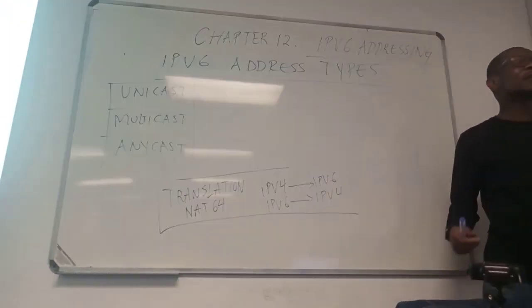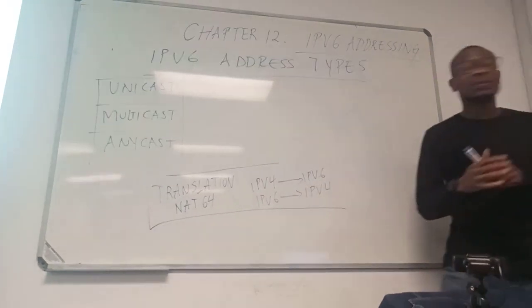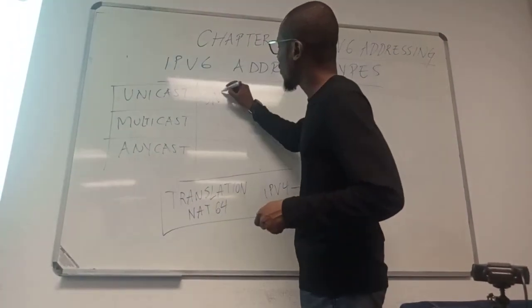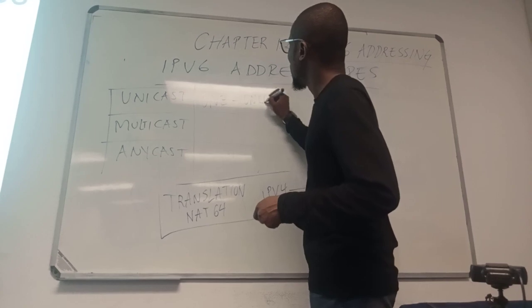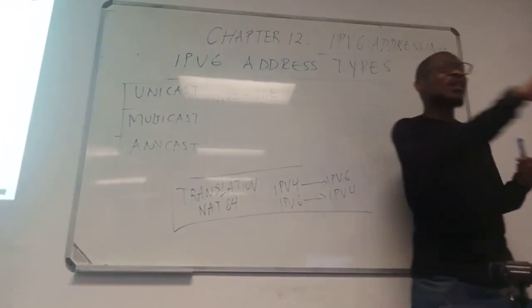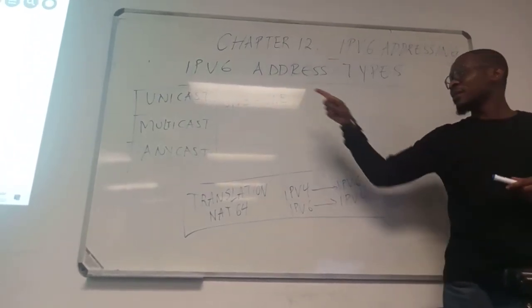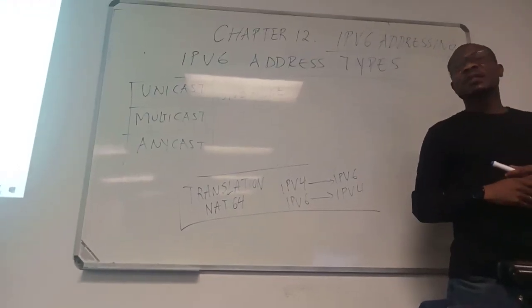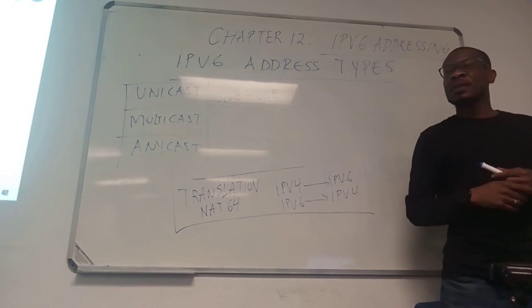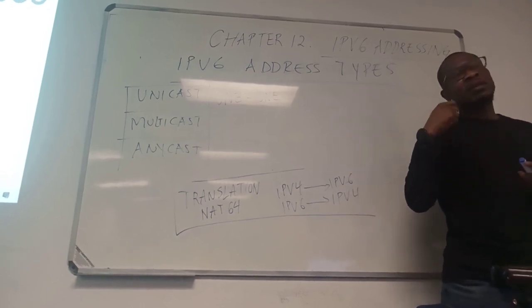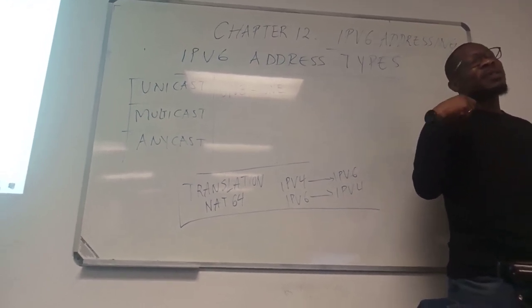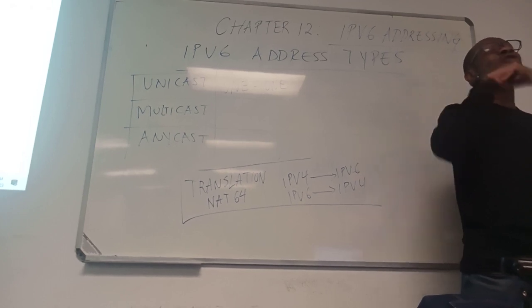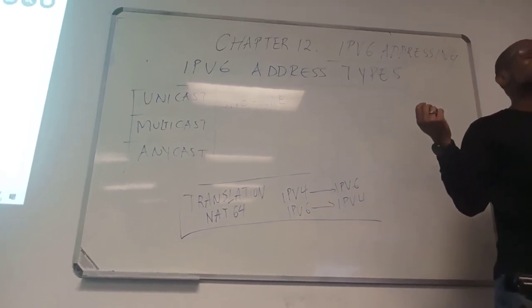Unicast means what? One-to-one. Right? One-to-one. So when your PC wants to talk to another PC, it's a unicast IPv6 address that you can use. Right? So when you are sending a WhatsApp message to your friend, it means one-to-one communication, right?